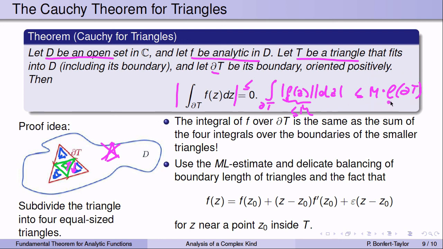And if we can show that something on the right-hand side goes to 0, well, then this on the left-hand side must go to 0 as well. We keep subdividing and use the ML estimate together with delicate estimates on the length of the boundaries of the triangles and the fact that f is analytic inside the triangle to, in the end, show that this integral is smaller than any positive constant epsilon, therefore must be 0.